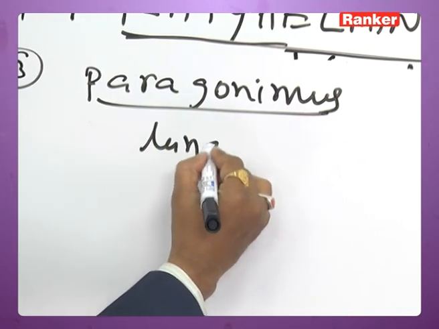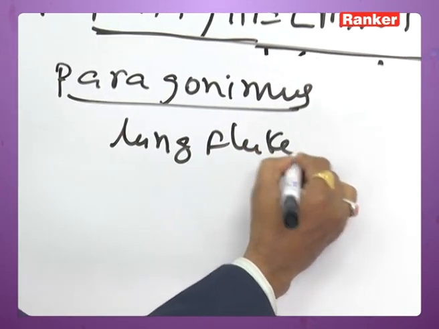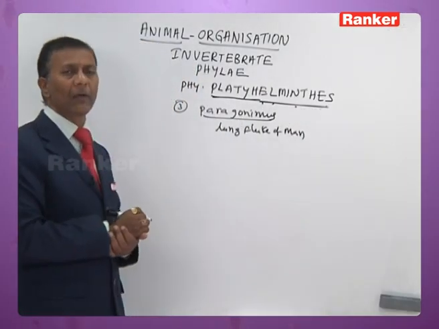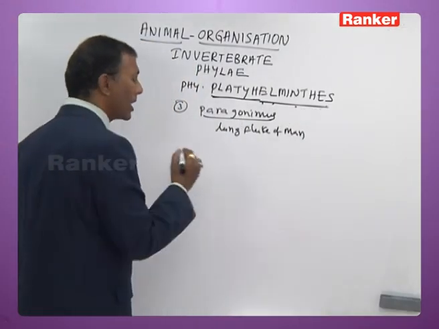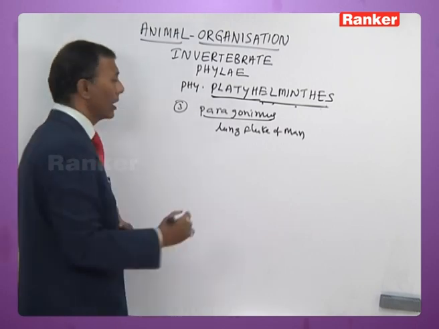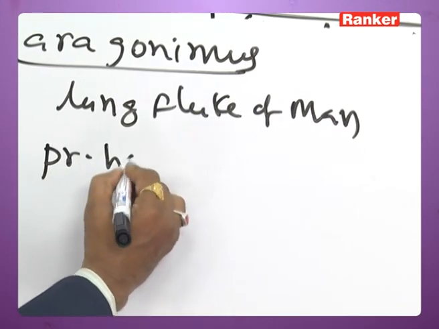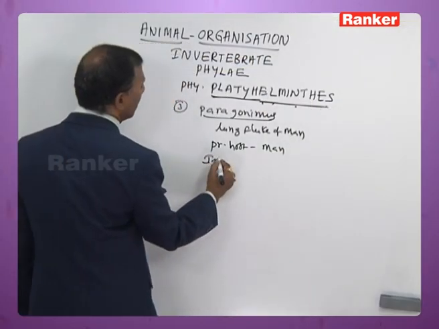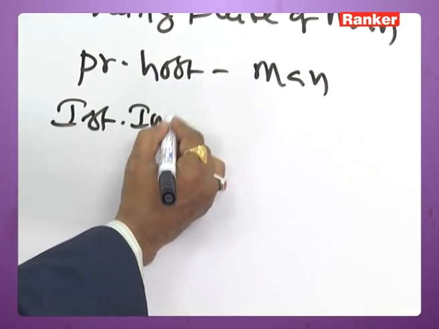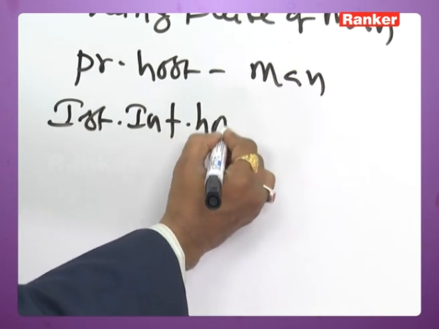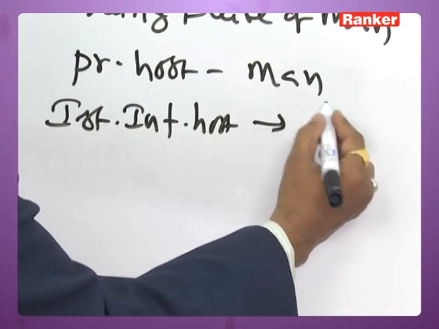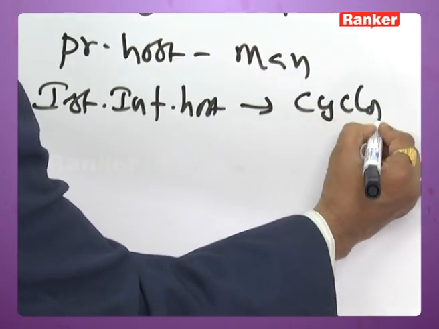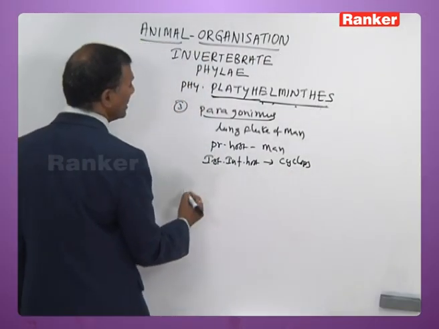Paragonimus is commonly called the lung fluke of man. It is also a digenetic trematode. Primary host is man. First intermediate host is Cyclops or Diaptomus.